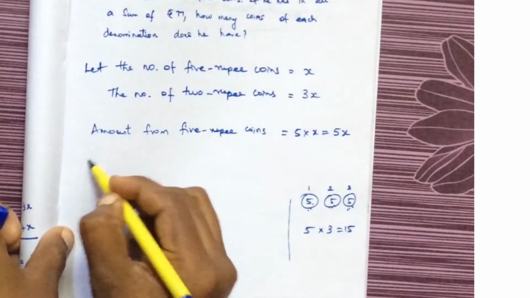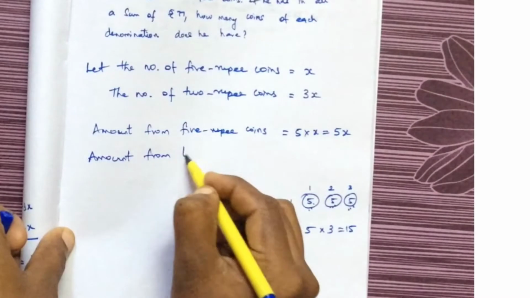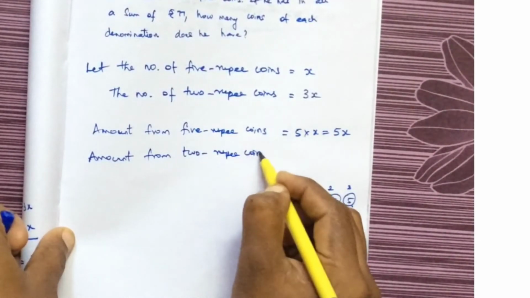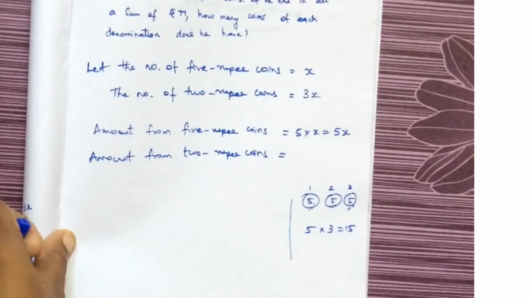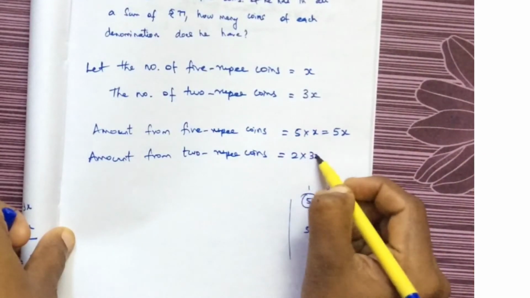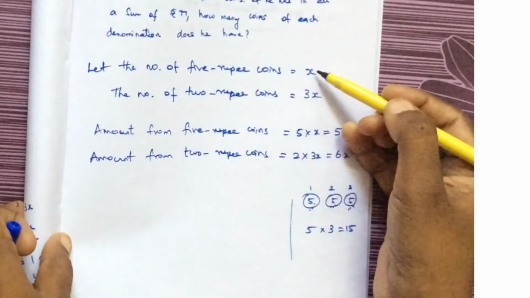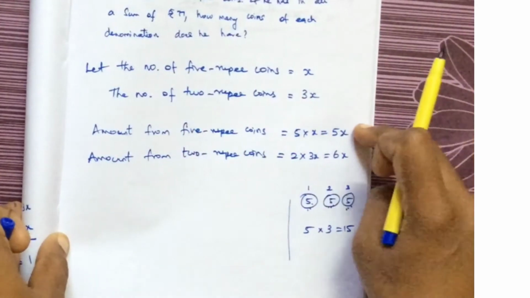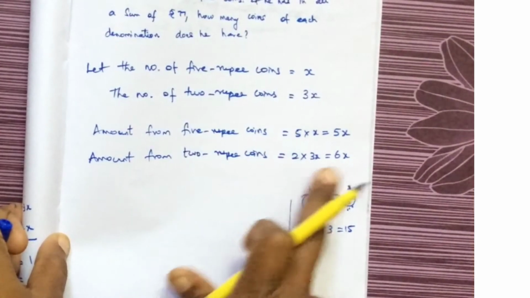Now the amount from the 2 rupee coin: here I am having 3x number of 2 rupee coins. 2 multiplied by 3x, 3 twos are 6x. So the number of coins multiplied by 5 gives the amount 5x, and 3x multiplied by 2 gives 6x.